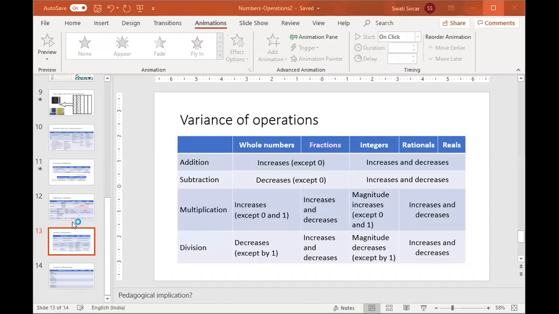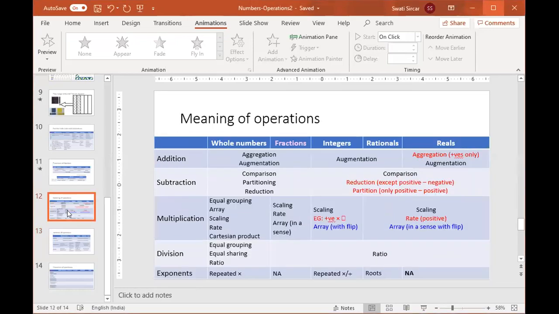the countable, uncountable thing. Another very important homework, which you can complete definitely by Sunday night, is related to this slide. This one has all the meanings. For each meaning of each operation, come up with one word problem.